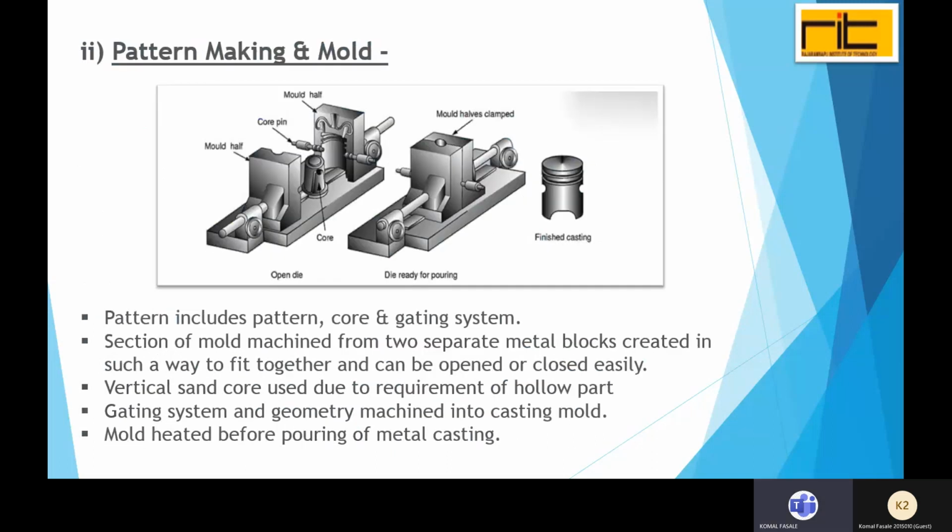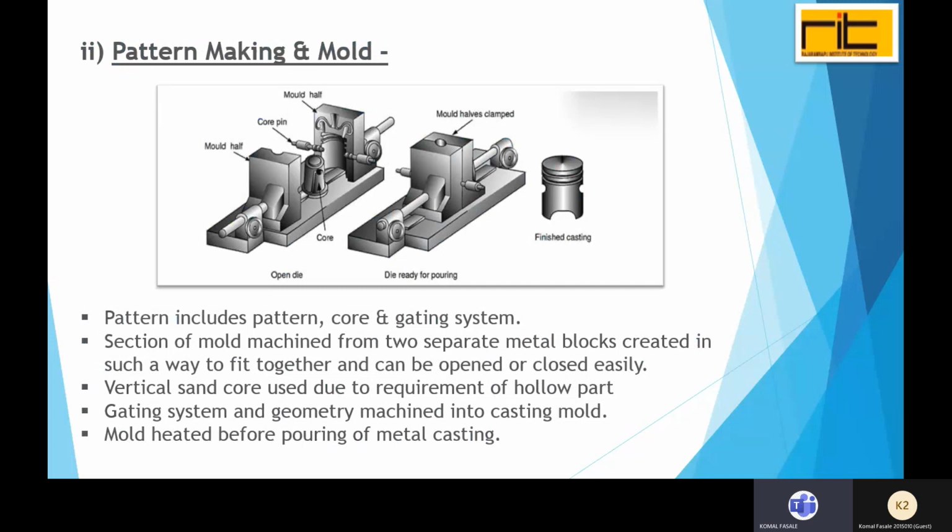The next step is pattern making and the mold. Pattern includes pattern, core, and gate system, which are selected based on the requirement. The mold is machined from two separate metal blocks which are created precisely so that they fit together and can be opened or closed easily.